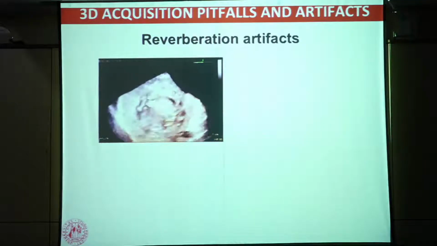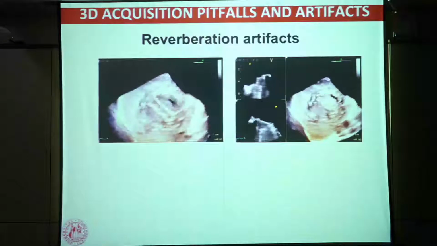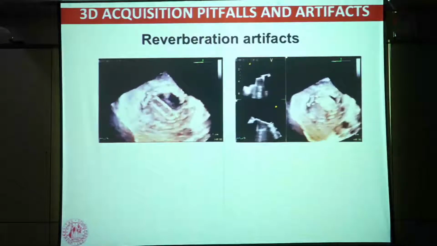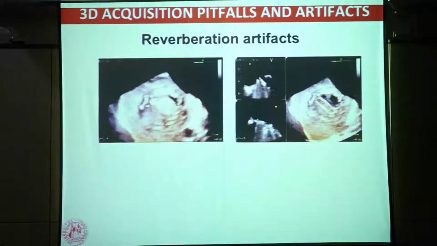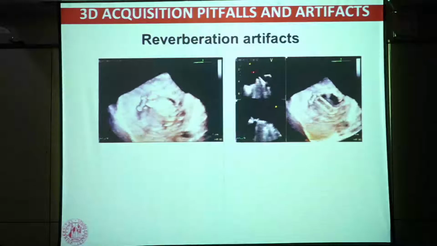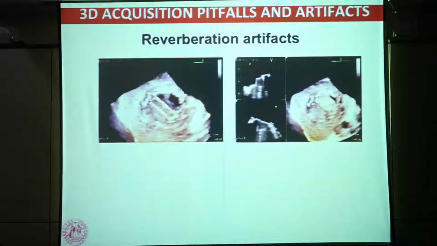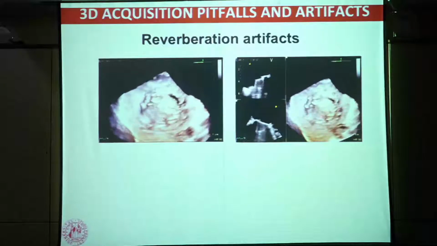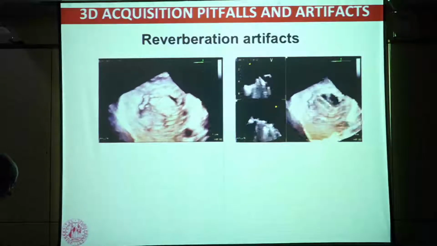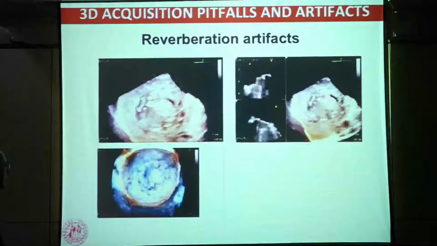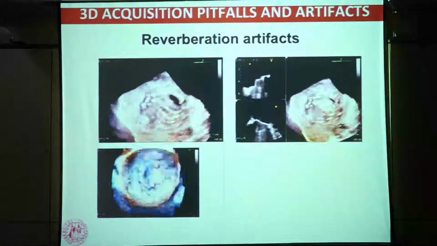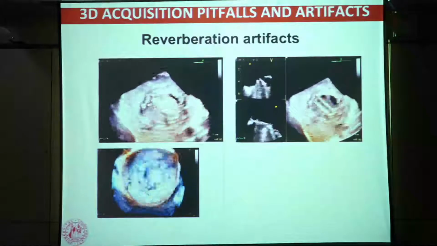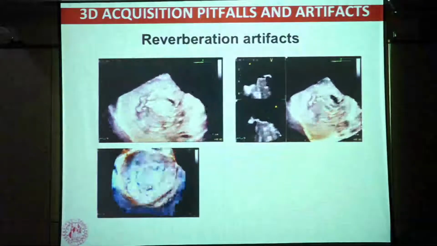Only one is moving, but indeed this is not true, because if you look here, both of them are moving. This is just the reverberation due to the angulation of the incident ultrasound beam that makes it seem that this is a stuck occluder. If I change the point of view, instead of having this angulation, I have a real en face view, you can notice that both of them are really opening and closing.